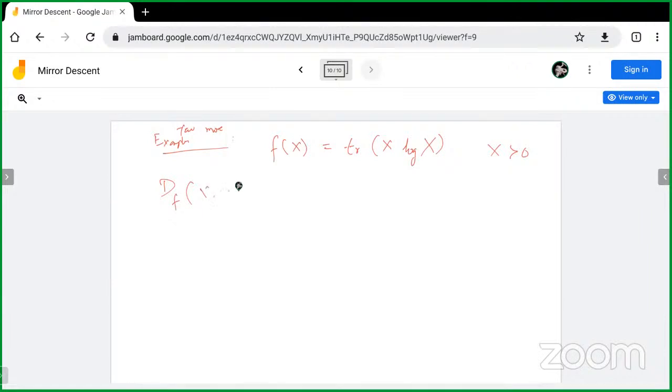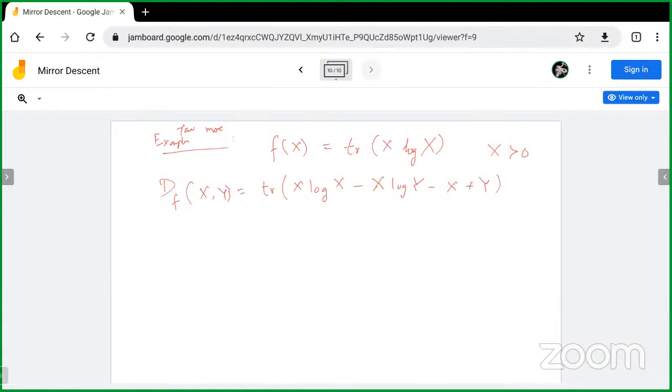So this is trace of x log x minus x log y. This is like your first term, and then you get minus x plus y, like your remainder.